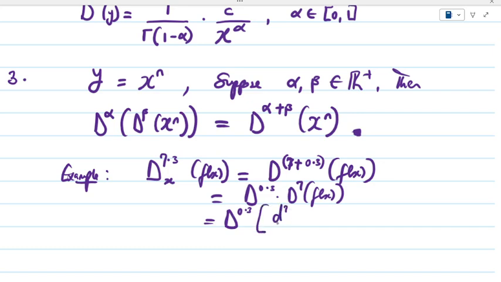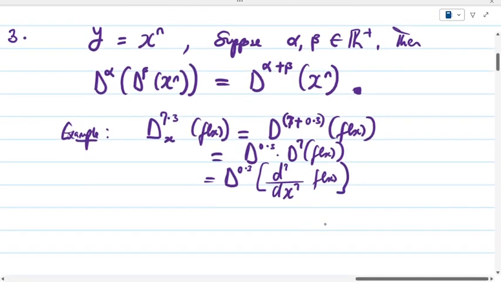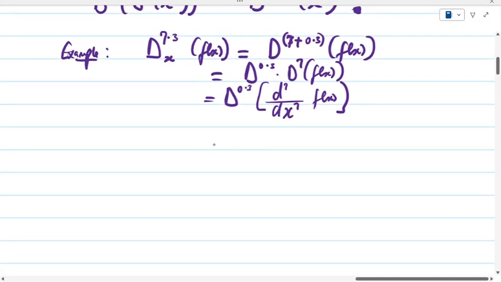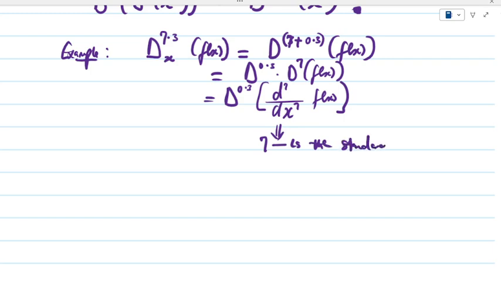Then we have D^7 of f of x, and here your 7 is the standard integer, your traditional derivative, that is your normal differentiation, but this operator is the fractional order derivative.